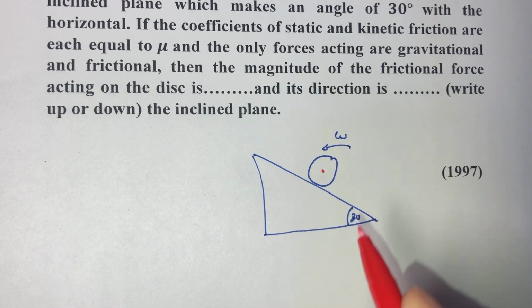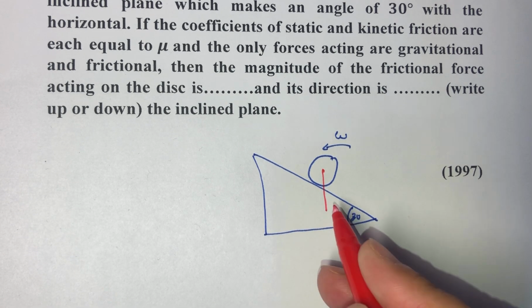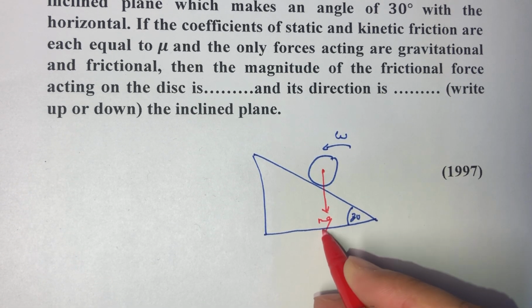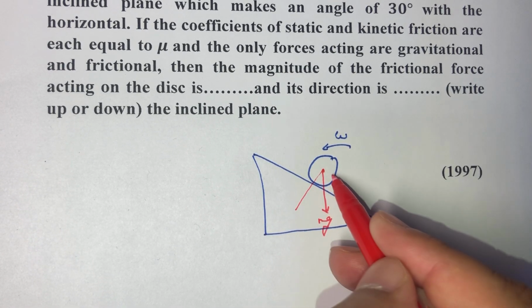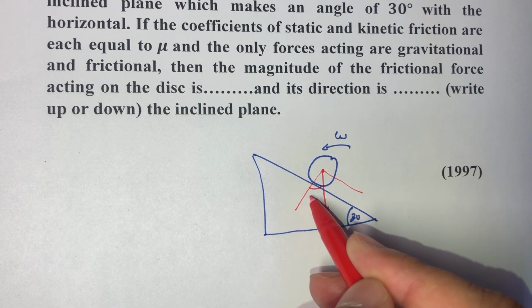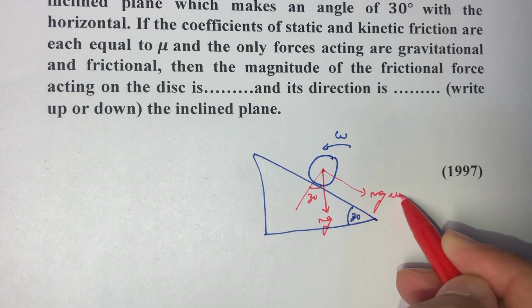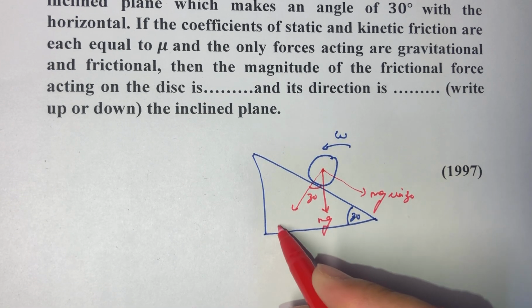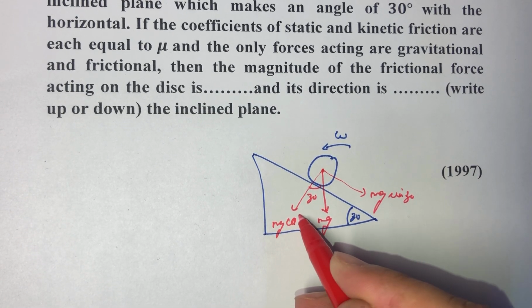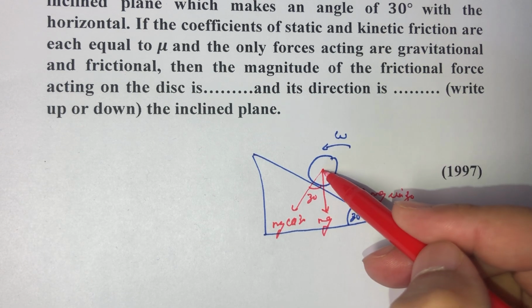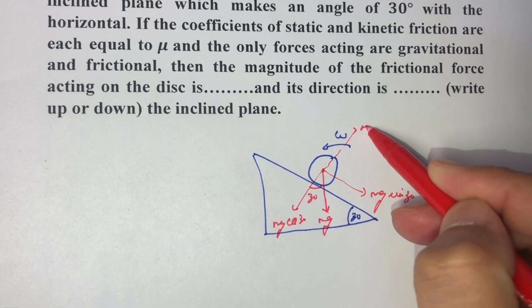Suppose this is the center of the disk, so we are going to have mg in the downward direction. This mg resolves into mg sine 30 and mg cos 30, and we are also going to have a normal acting in this direction.